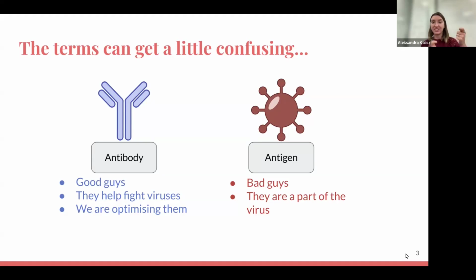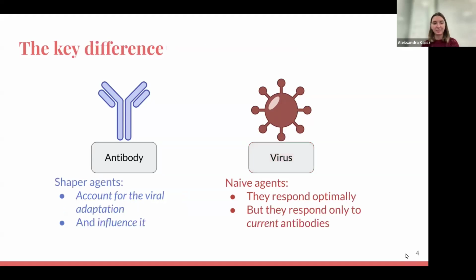But if we kept saying antibody and antigen all over, these terms are kind of confusing, and they sound very similar. So even though we mean antigen, for the rest of this presentation, we will just keep saying virus. But for any biology-minded folks out there, we mean antigen.